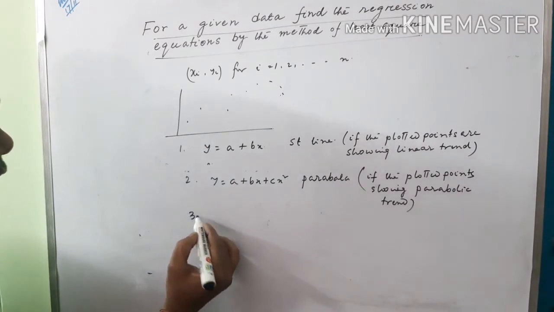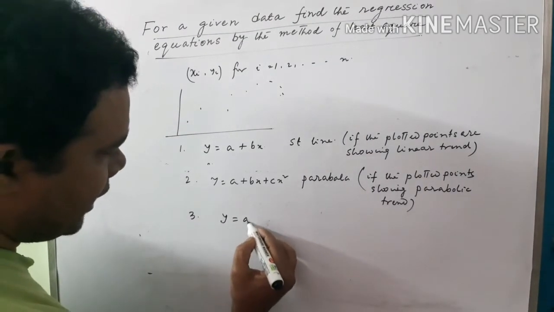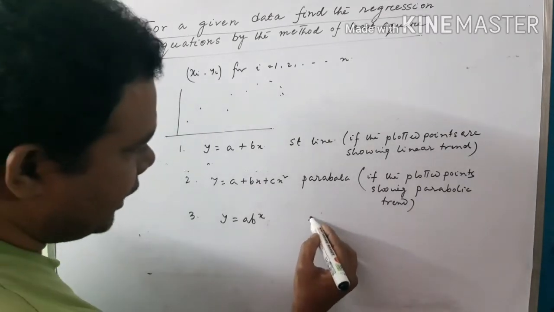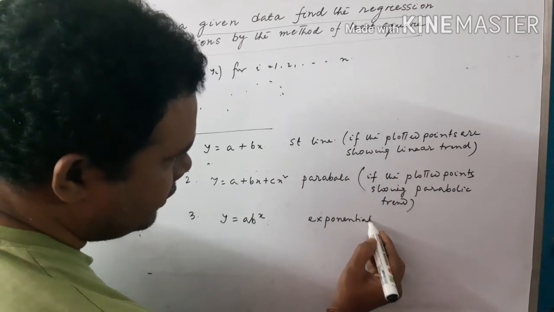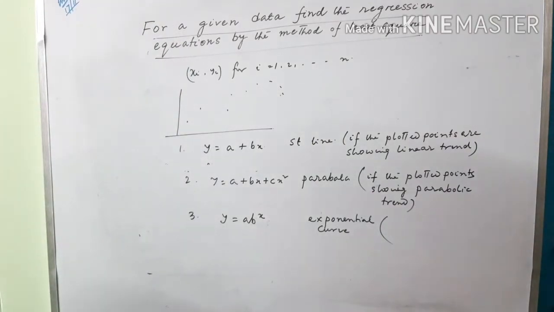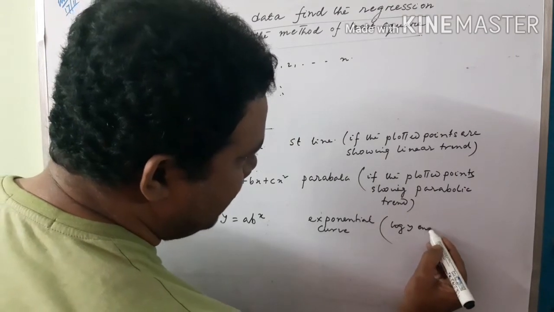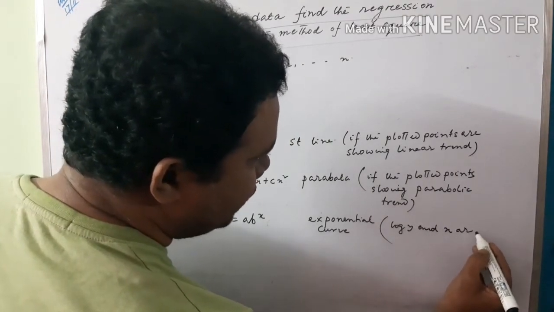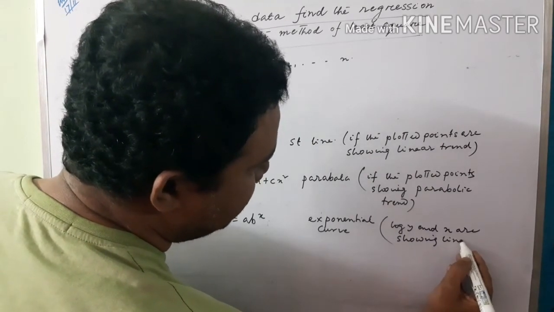Another curve which is also used very frequently is called an exponential curve. y equals a b to the power x, exponential curve. Now the question is when to use the exponential curve. If instead of plotting y values, we plot the log y values, that is log y and x are showing linear relationship.